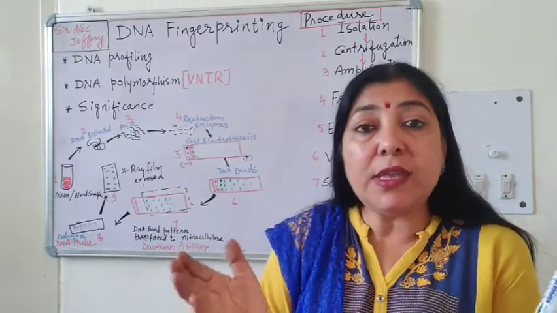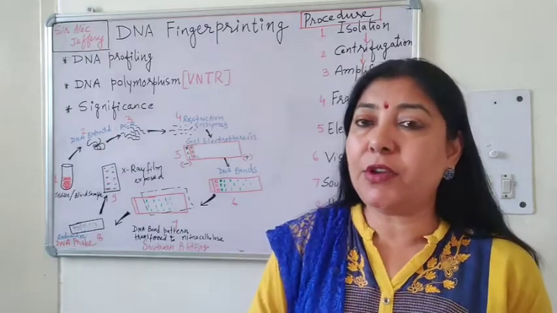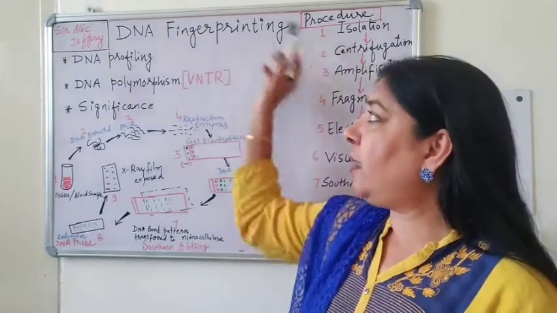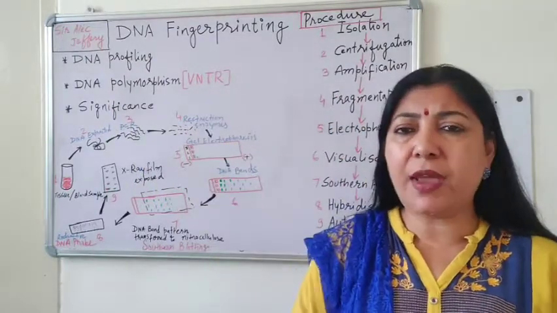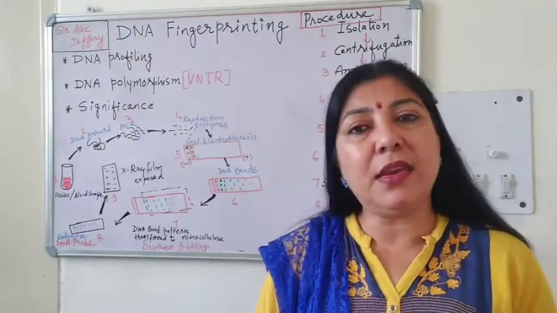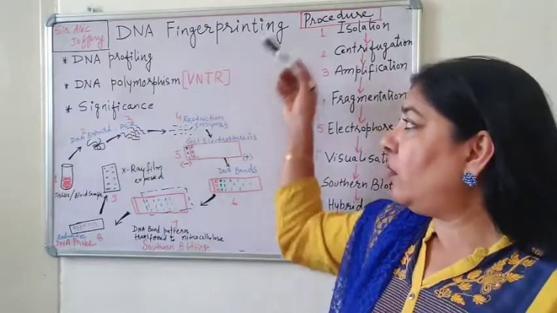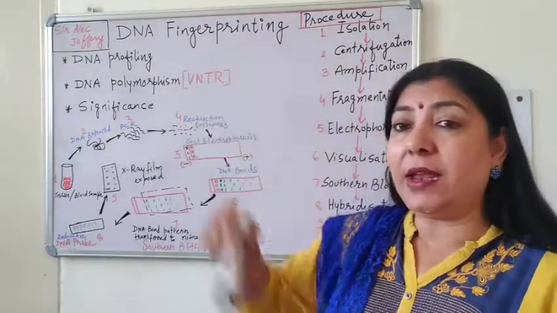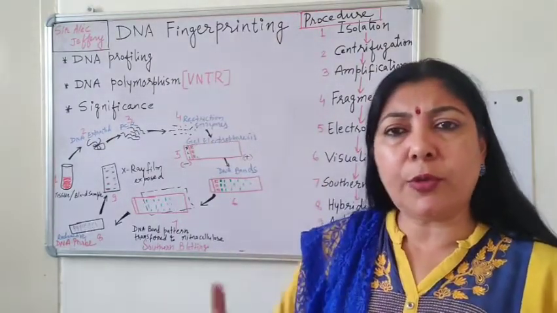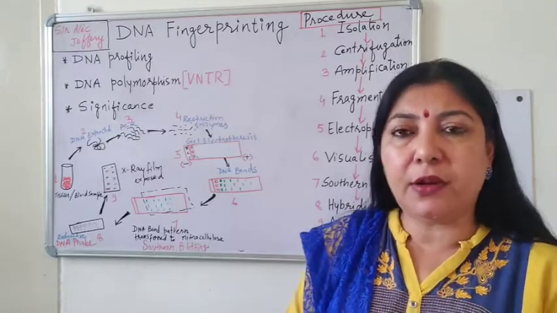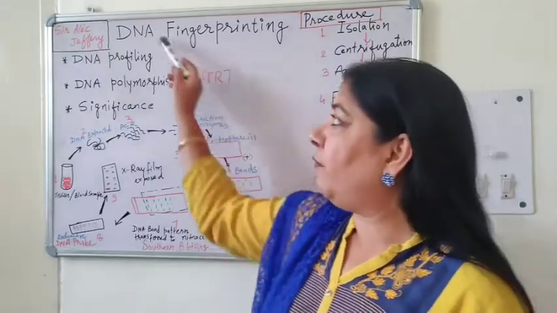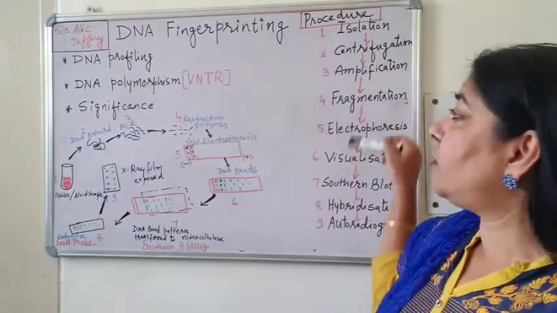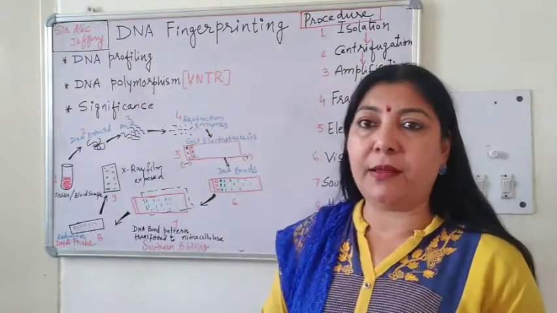They are the sequences of nucleotides which are present. This technique was developed by Sir Alec Jeffreys very recently in 1985. So, DNA profiling requires a lot of processing, a lot of technique to study and analyze the pattern. So, we will be studying the details of DNA profiling.